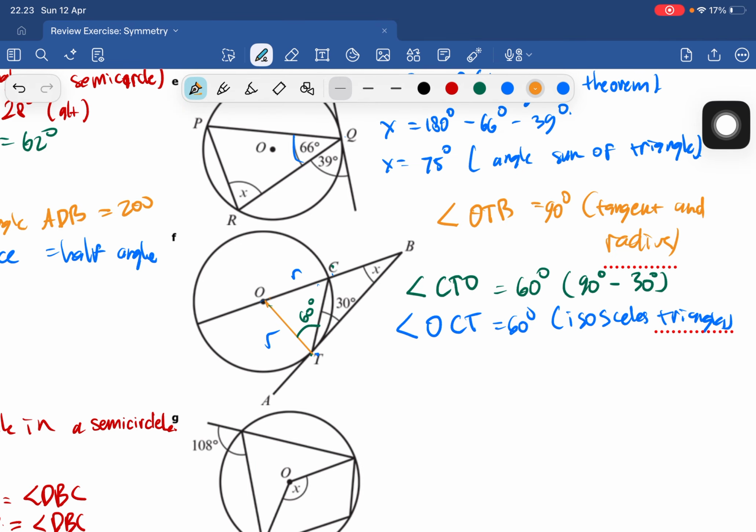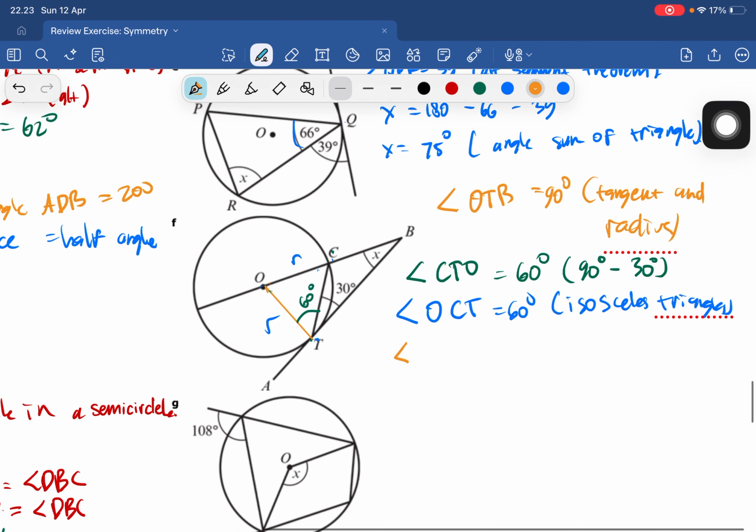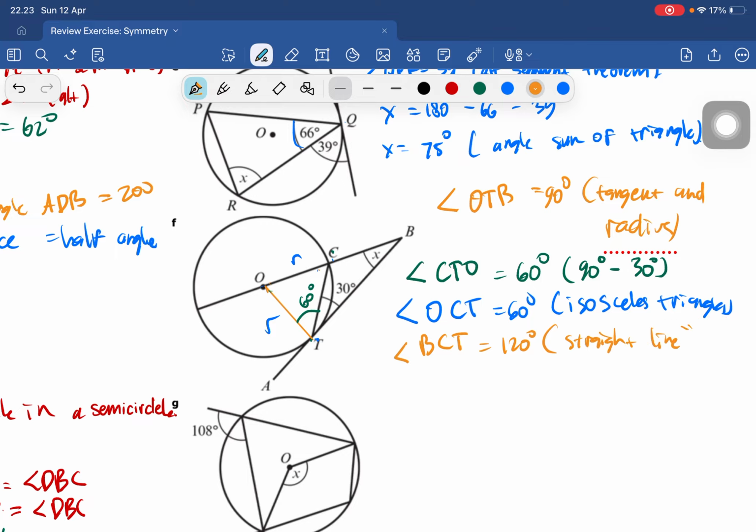Okay, and then let's find the angle of BCT. Look at the BCT. A straight line is 180 degrees, so 180 minus 60.